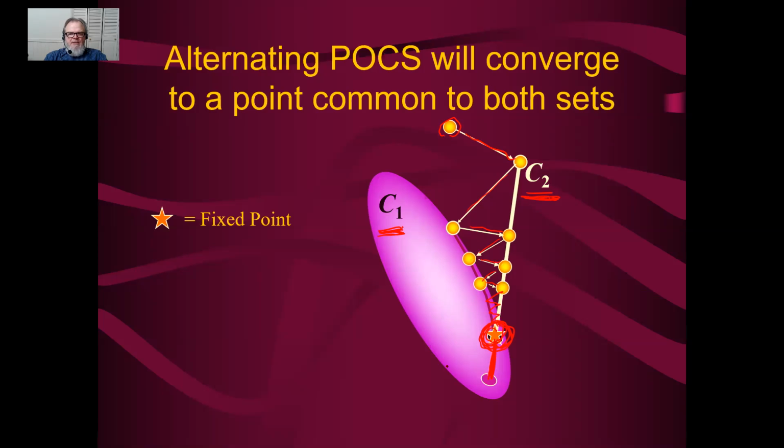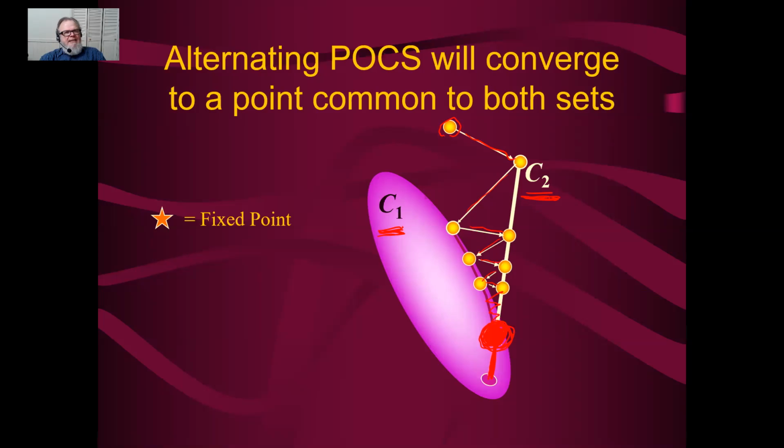This is referred to as a fixed point, because once we get to this fixed point, it becomes idempotent, right? The projection of this fixed point at the end onto C1 doesn't move. The projection onto C2 doesn't move. So we stay exactly the same. So the fixed point is idempotent to both sets.